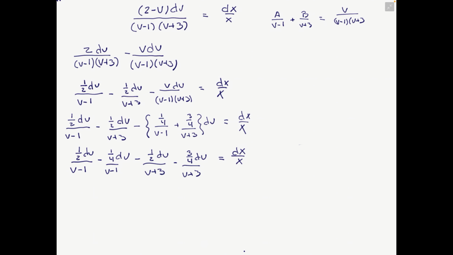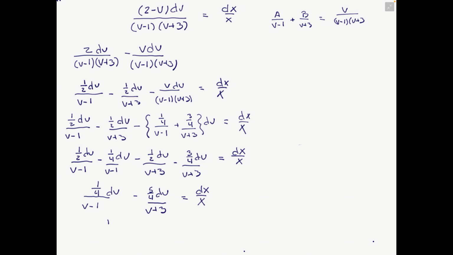Let's see, this is 2/4 minus 1/4, so we got 1/4 1 minus v dv minus, this is 2/4 minus 3/4, that's minus 5/4 dv on v plus 3 equals dx on x, and there we go.